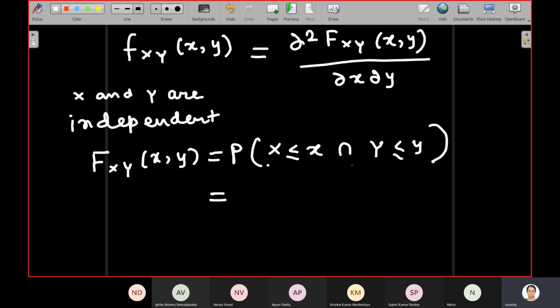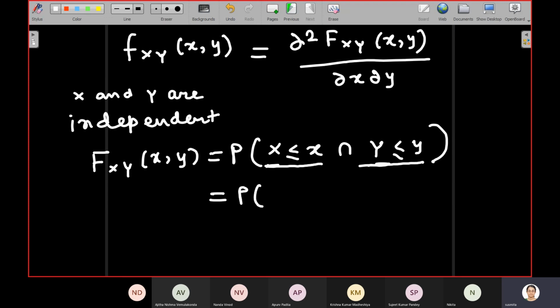Now we know X and Y are two independent random variables. So this event and this event are independent. So we have the joint probability of two independent events, correct?